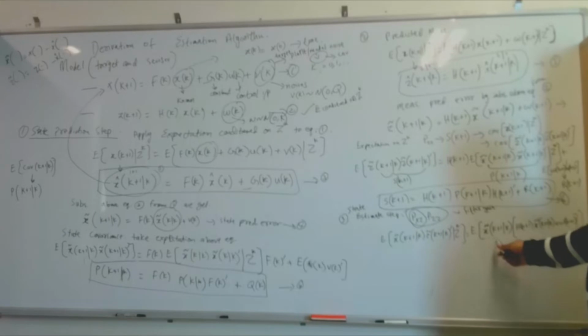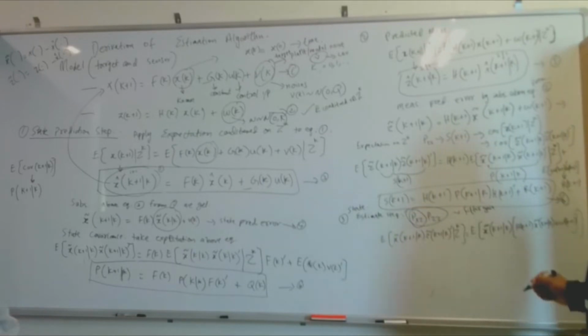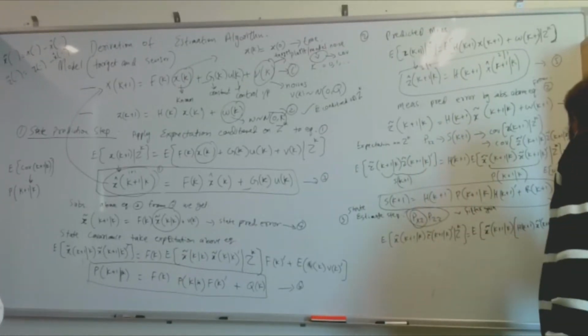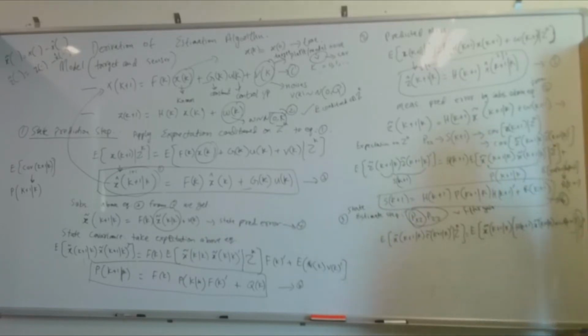Now we have to multiply this thing, and here is transpose, here transpose, this transpose, and conditioning on zk. As it is a whole transpose, here is also transpose, here also transpose, and here also transpose.